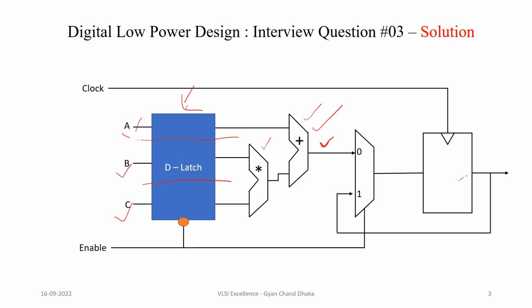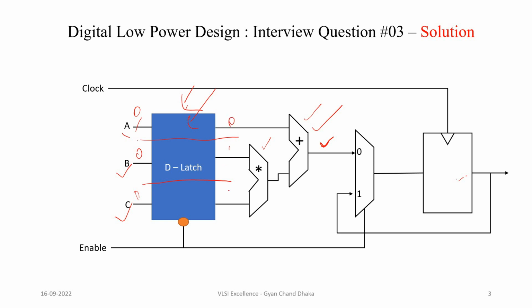Whenever the enable signal is high, this negative level sensitive latch is in latching state. That means if the data when the enable signal goes high was 0, 0, 0, then during the time the enable signal is high, the latch is latching this data.